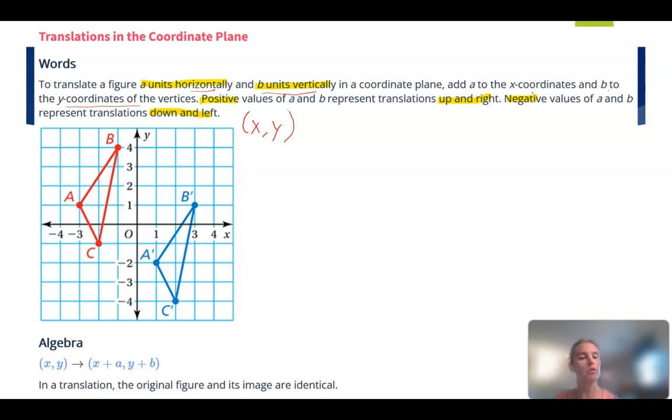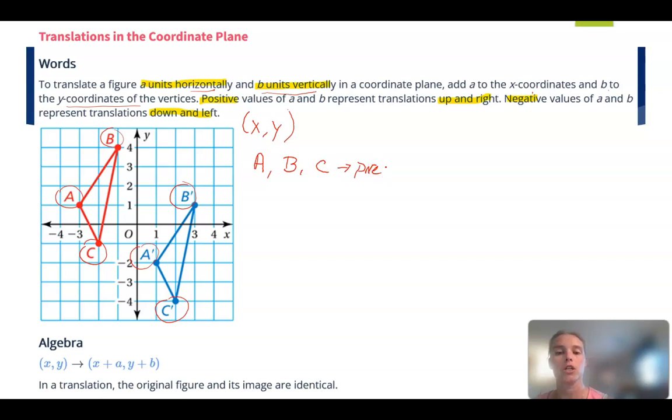Now you'll also notice some notation here. Red again is our pre-image. Blue is our image. Notice that here all the points are just A, B, C. But when we come to the blue figure, it's A prime, B prime, C prime. So plain letters like A and B and C, they're for the pre-image.